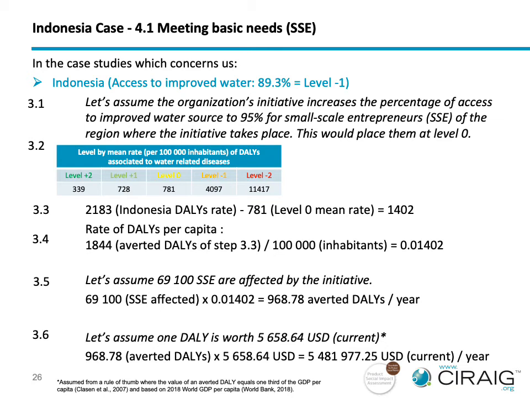Making the same assumption on the worth of a DALY and multiplying it by the number of averted DALYs in Indonesia for this initiative, you get a created value of 5,481,077 US current dollars per year.